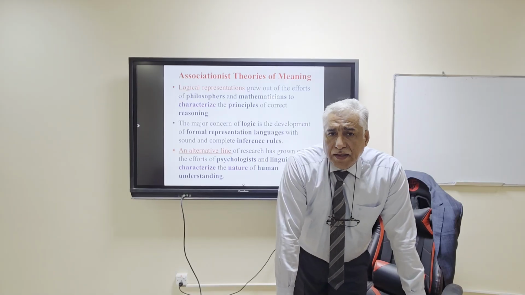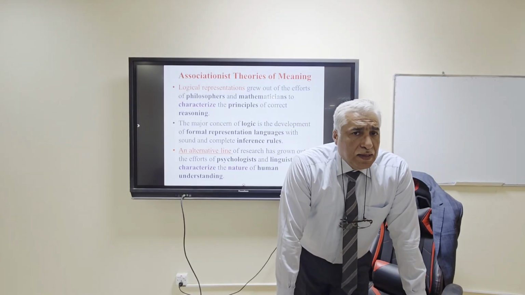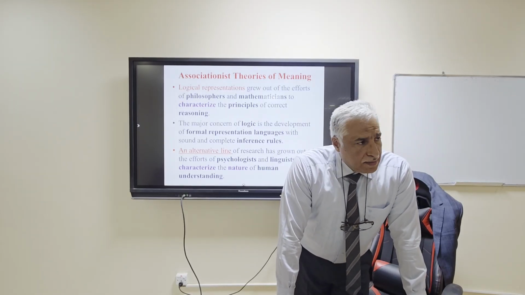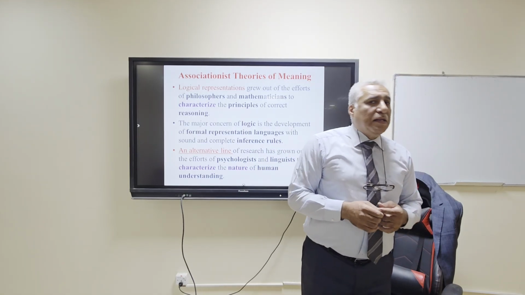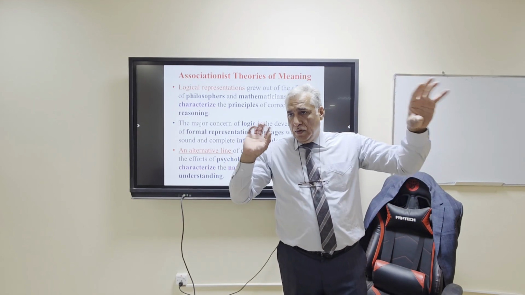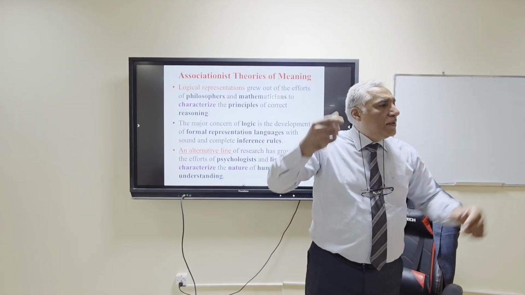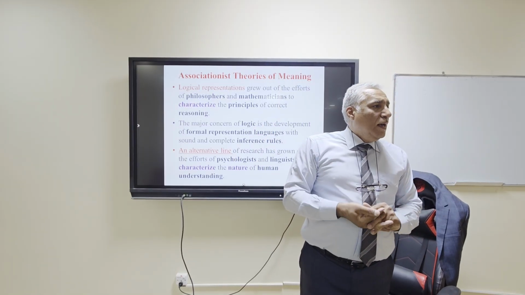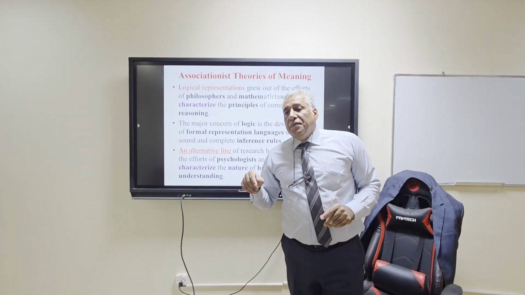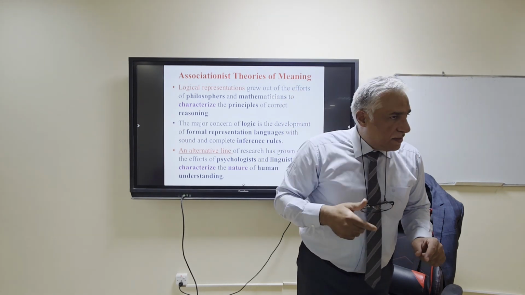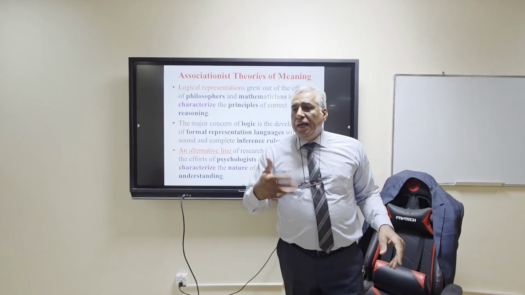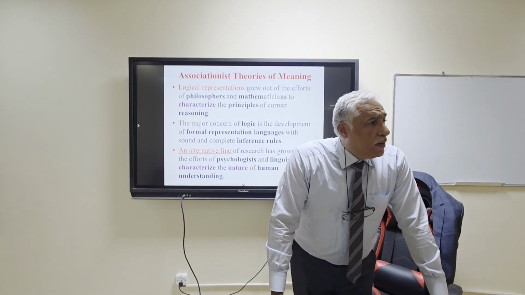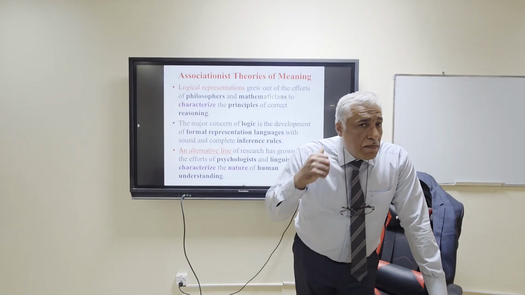The first part is the nodes, and the second part is represented by arcs. An arc represents the connection between these nodes, and a node represents a concept in the mind. And the arc is labeled by the meaning of these concepts, to give the meaning or the explanation of the concept in mind.